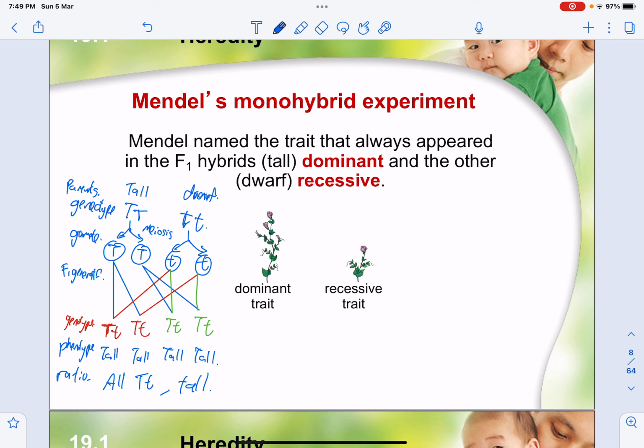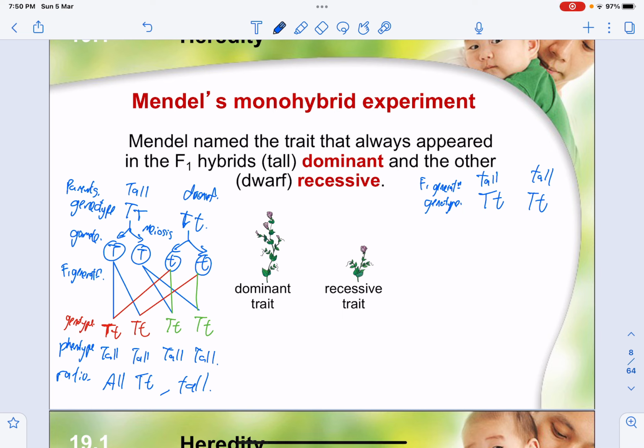Now after that we see Mendel, he took the F1 generation and he started to cross with each other. So the F1 generation parents are big T, small t, big T, small t. Both are also tall.